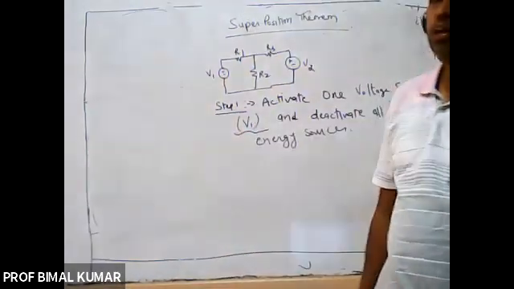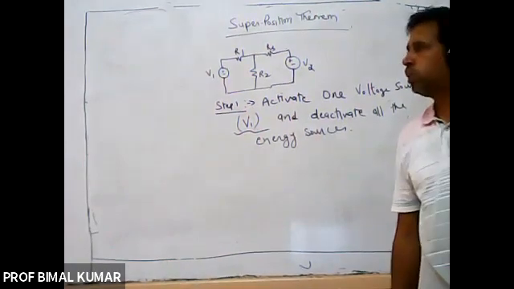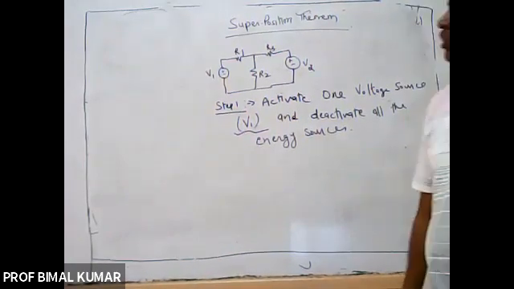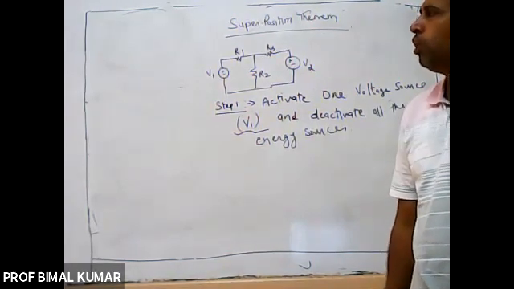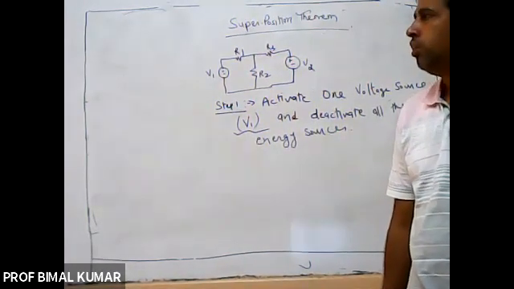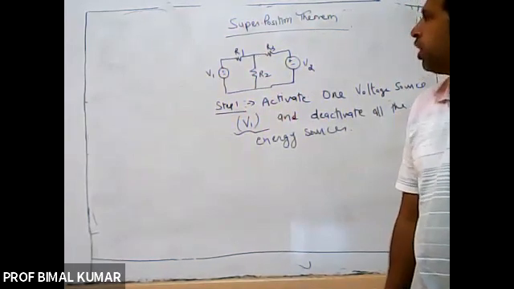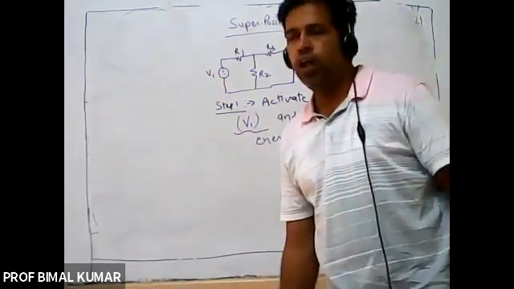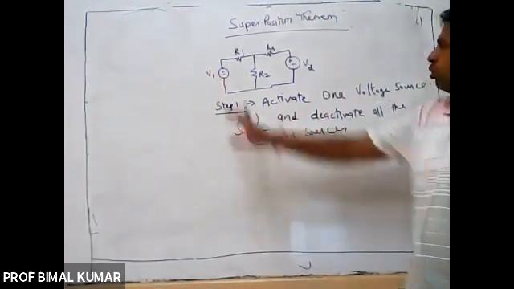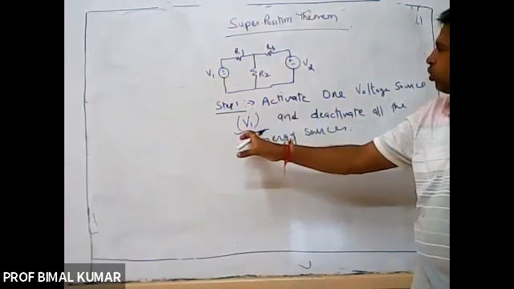So that's why we will take ideal current sources as an open circuit condition while calculating the parameters of the network. Right? So in this particular case, we are assuming that there will be no current source. There are only two voltage sources.